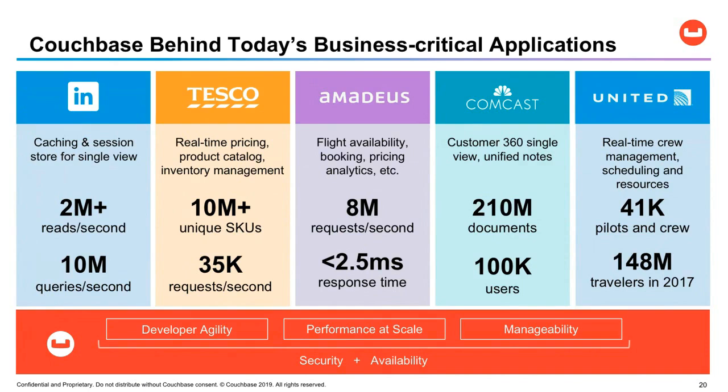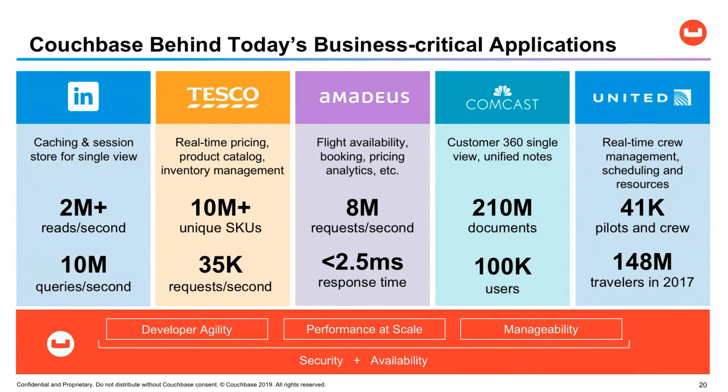Tesco, which is based in UK, stores and updates product data for 10 million plus items, and scales to support 35,000 requests per second, as well as Black Friday traffic. Amadeus, a travel platform, supports 8 million ops per second under 2.5 millisecond response time, and they are a heavy user of N1QL.